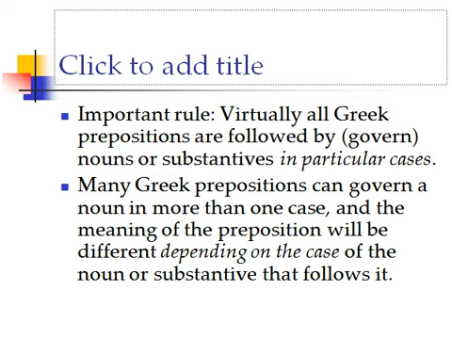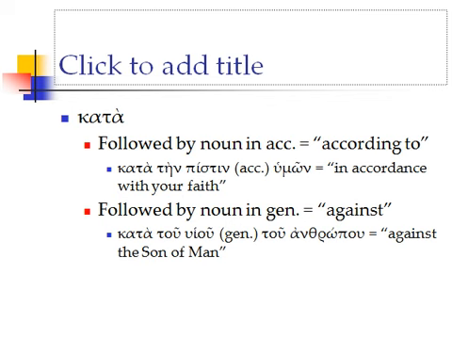One example is the Greek preposition kata. Kata can be followed, in the Hellenistic period at least, by nouns that appear in the accusative case, in some instances, and in other instances we will observe kata to be followed by nouns in the genitive case. When kata is followed by a noun in the accusative case, one set of meanings for kata is evoked, the most common of which would be according to, in accordance with.